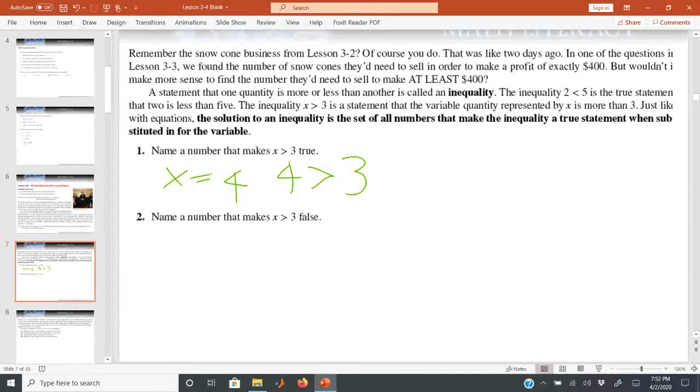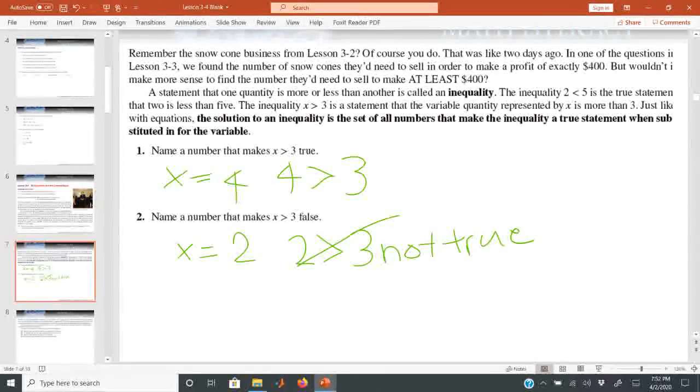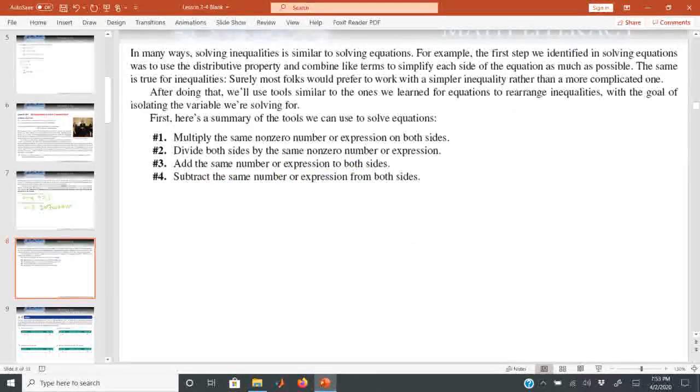Hopefully you will realize, as I've just said, x equals 2 would mean we would have 2 is greater than 3, which is not true. So we're going to be working a lot in this lesson with whether or not an inequality is true, something we want to think about. Okay. Go on to question 3.